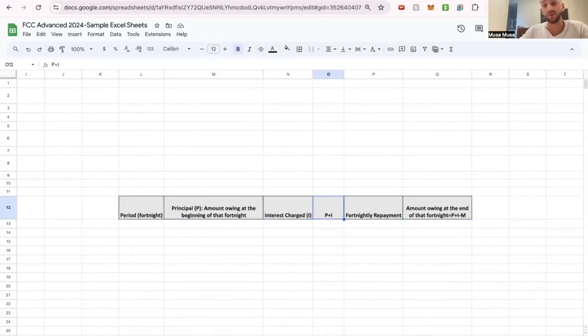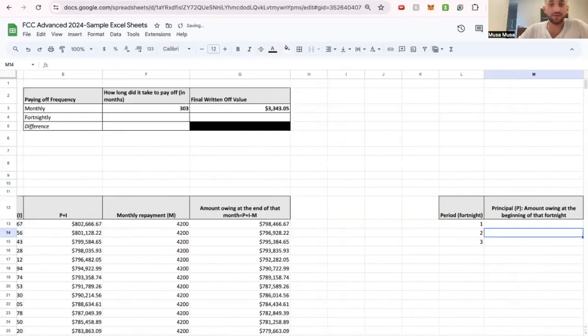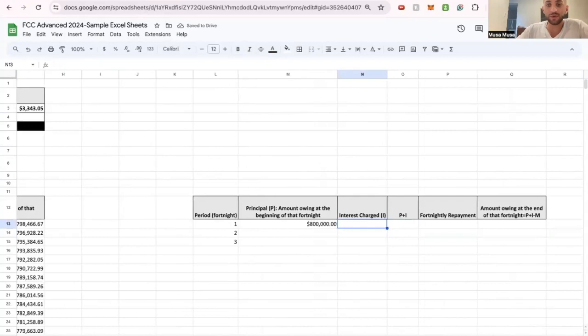Interest charge, principal plus interest, fortnightly repayment, amount owing at the end of that fortnight. So 1, 2, 3. How much do we owe at the very beginning of the first fortnight? Well, we owe 300,000. How much interest do we get charged?